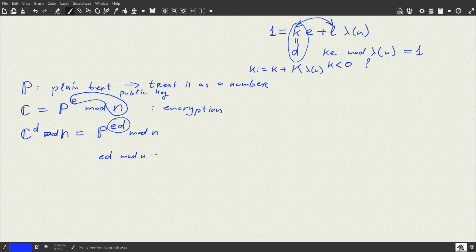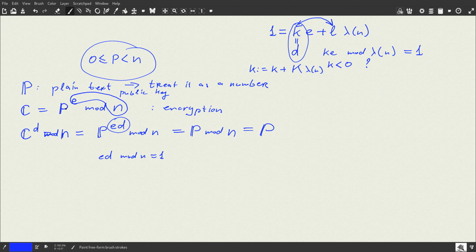You can prove that because ED modulo the LCM is 1, they're inverses of each other, so this would be equal to P modulo n. And yes, our plain text should be less than n, otherwise it doesn't work. So we can say that this number P is less than n, and therefore it is equal to P.